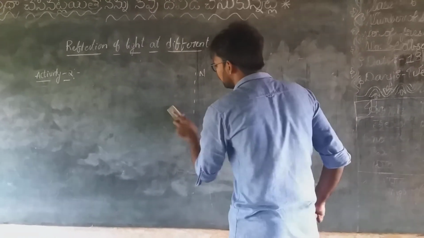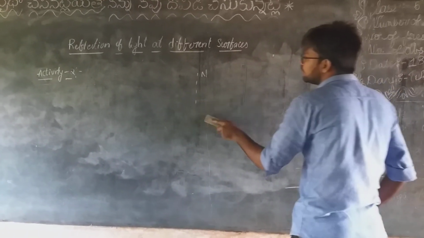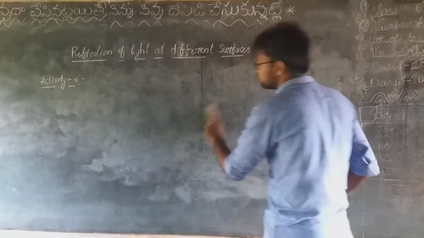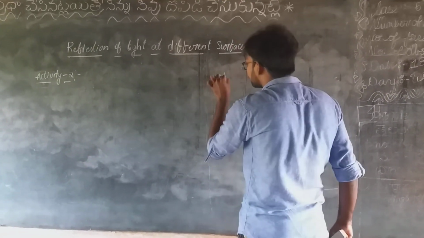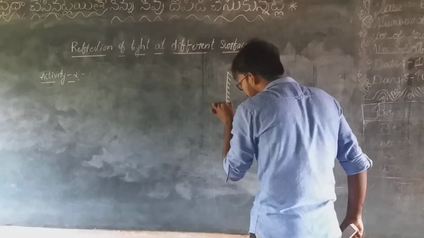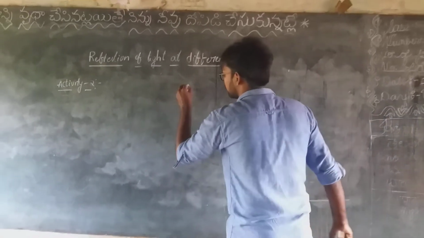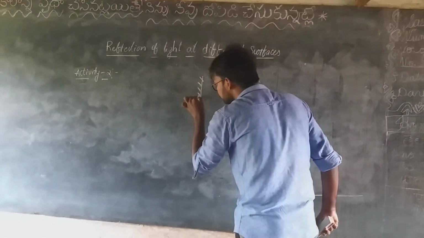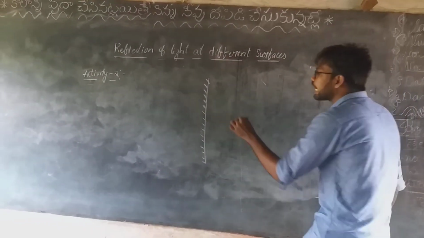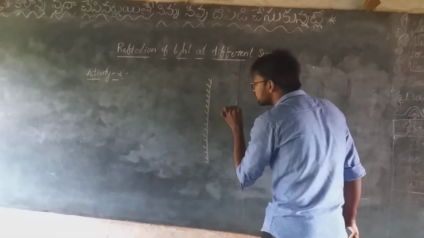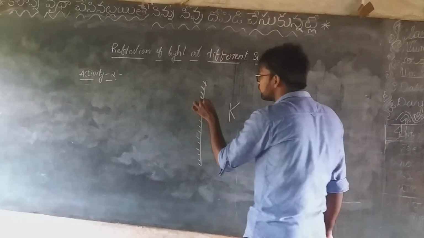Now activity number 3, a simple activity. If we get the images of the plane mirror, for example, this is a plane mirror. Now on the plane mirror, if I write the letter K, how will the image be formed?